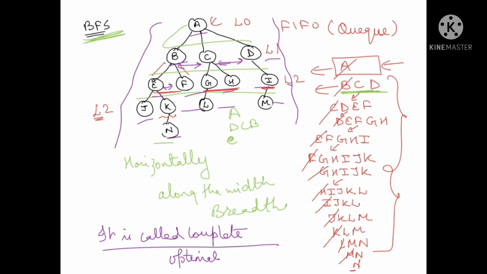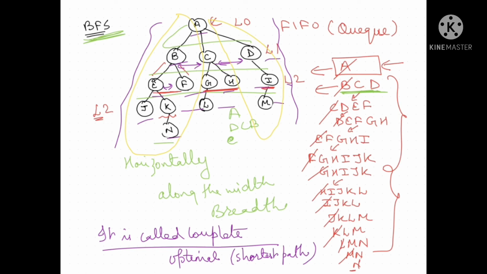Why do we call it optimal? Because it travels the shortest path. So why are we saying shortest path? Because of what happens in depth first search, DFS. I'm going to upload a video on it soon. In depth first search, it travels this way, correct?